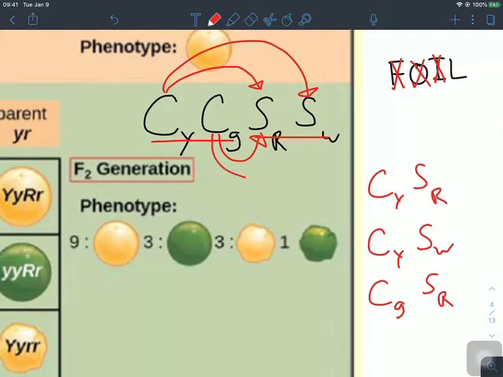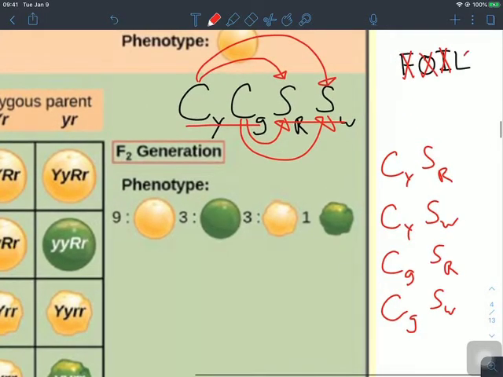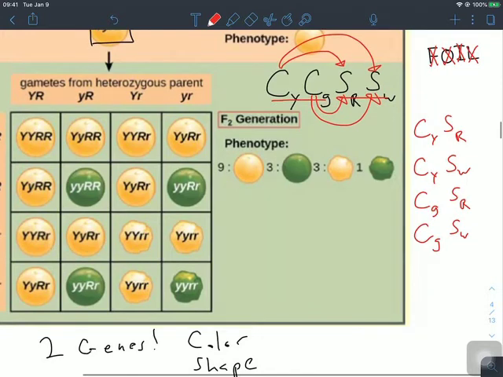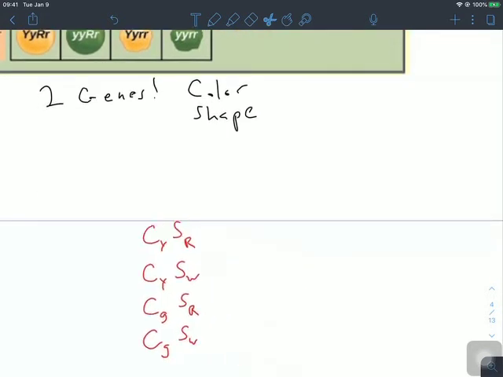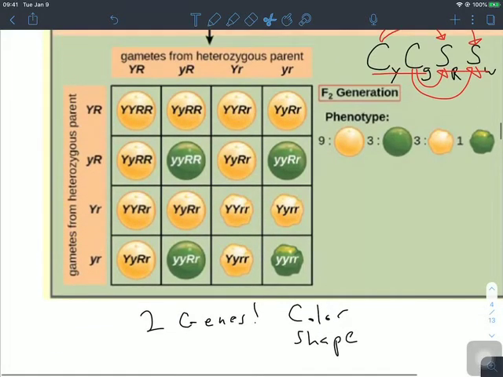And then you're going to pair your lasts. Your color green, shape wrinkled. And in that way, you have the 4 gametes generated by either the dad or the mom.